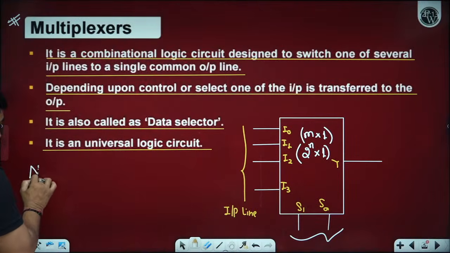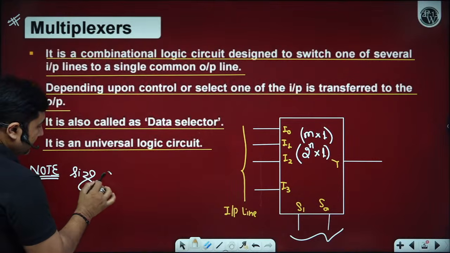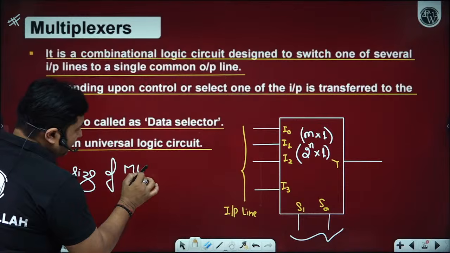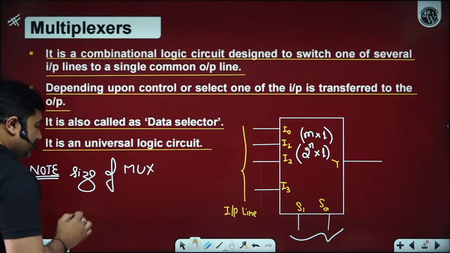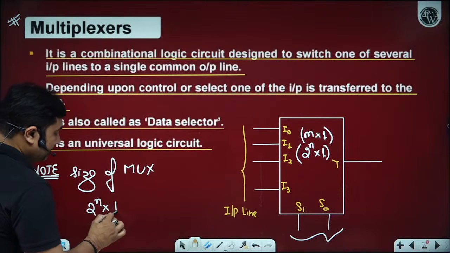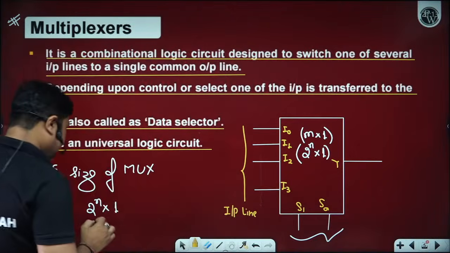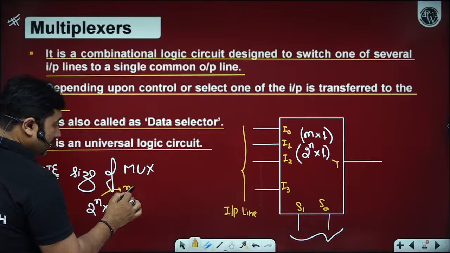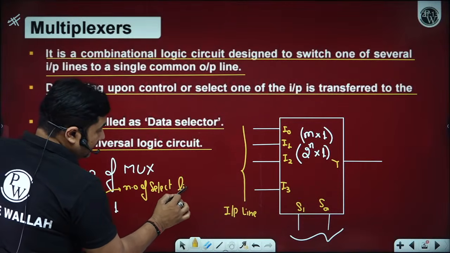So I am making a note here. Please observe. The size of a mux, in short, multiplexer is called a mux, is defined as 2 to the power n cross 1, where n is the number of select lines.